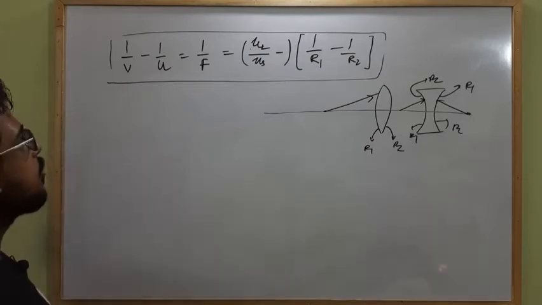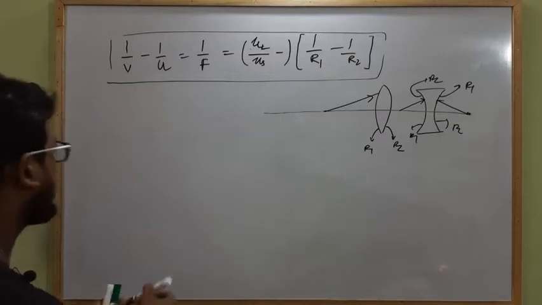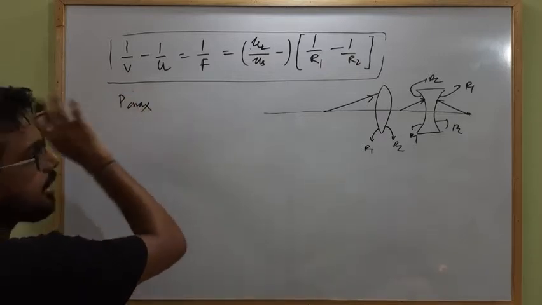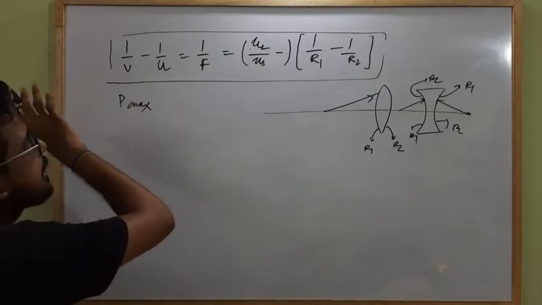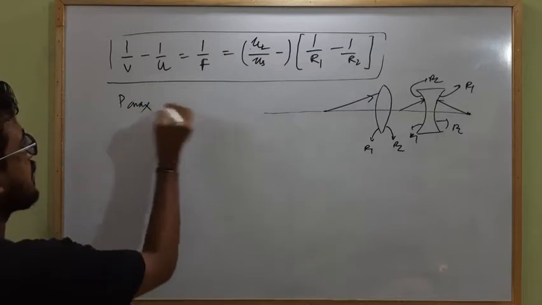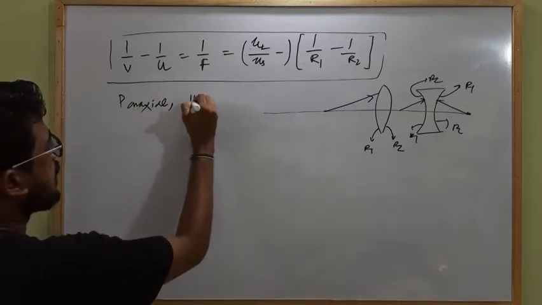Clear? And this formula is only applicable when the rays are paraxial. You have to remember that. And generally in ray optics we deal with all the formulas only when the rays are paraxial. Next, the lens should be thin.